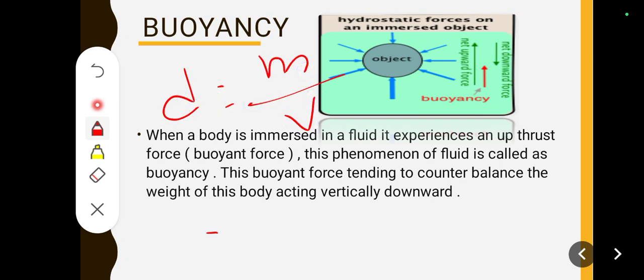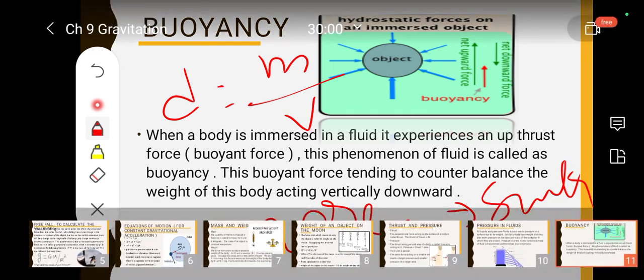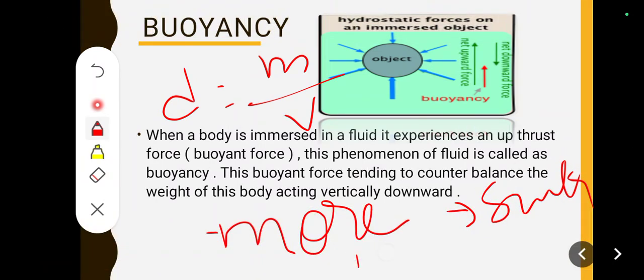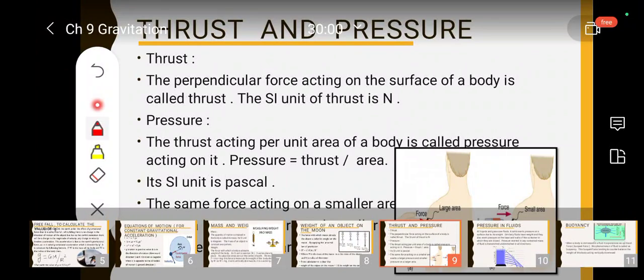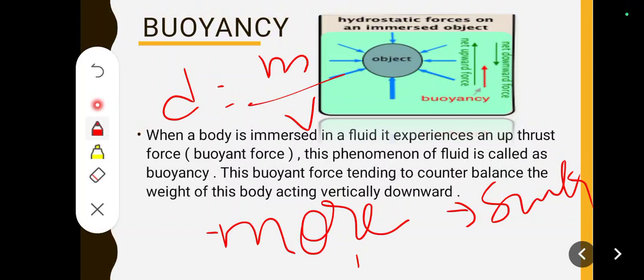If any object has more density than the liquid or the substance which is already filled, then the object will sink. If an object has less density than water or the substance which is filled inside the container, then the object will float on the surface of that substance.